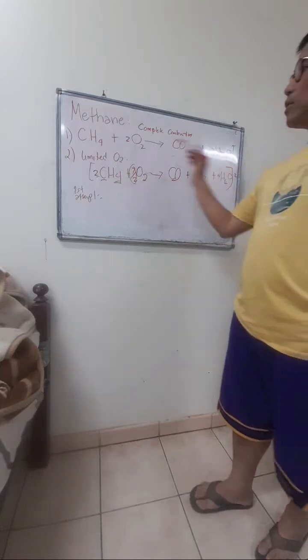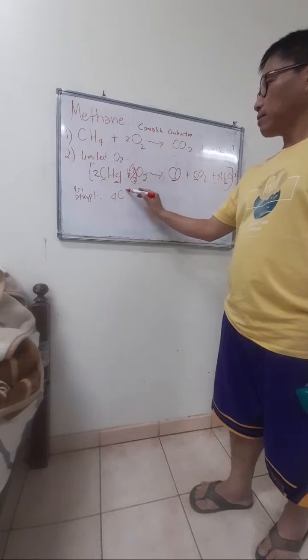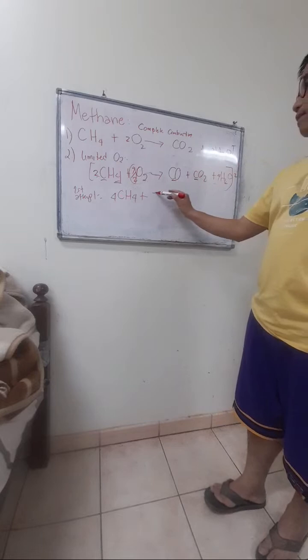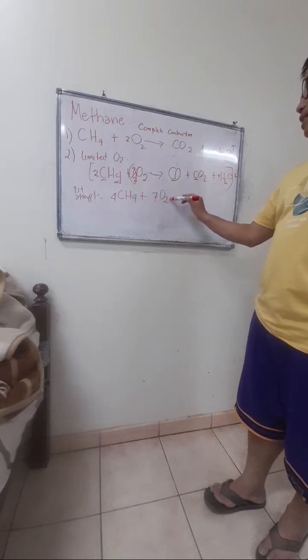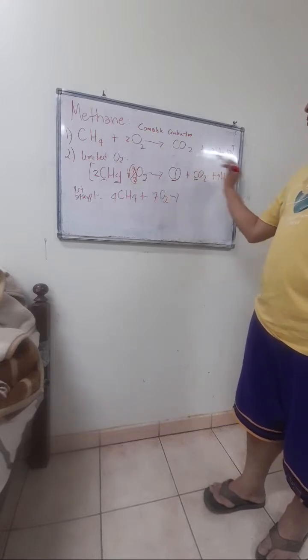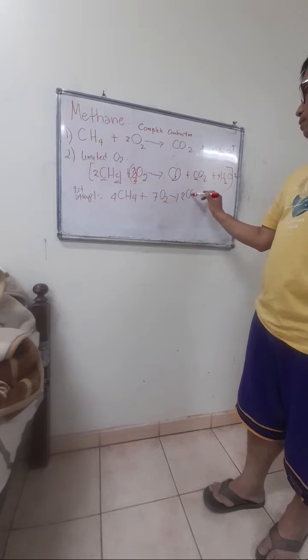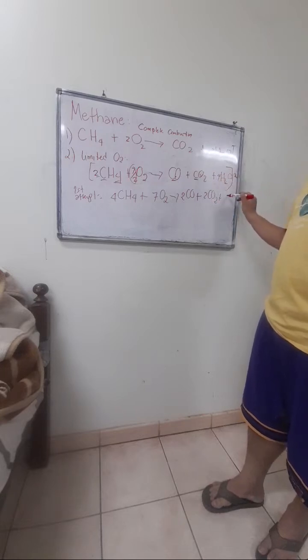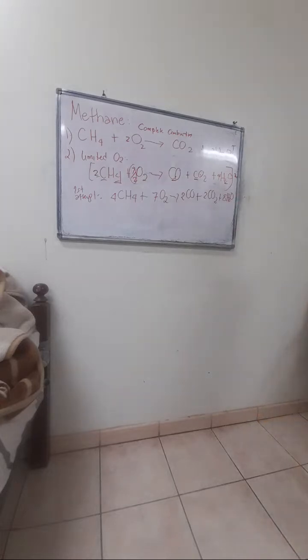So 2 times 2 is 4 CH4, 7 halves times 2 is 7 oxygen gas, 2 times CO is 2 CO, 2 times CO2 is 2 CO2, 2 times 4 is 8 H2O.